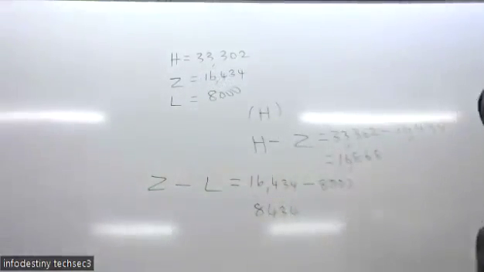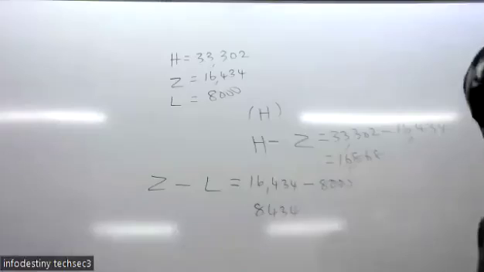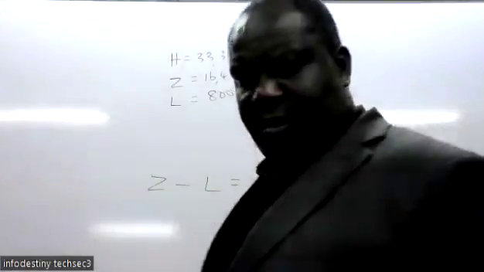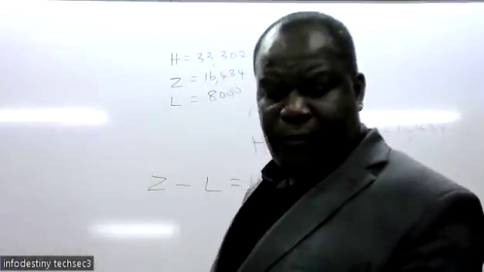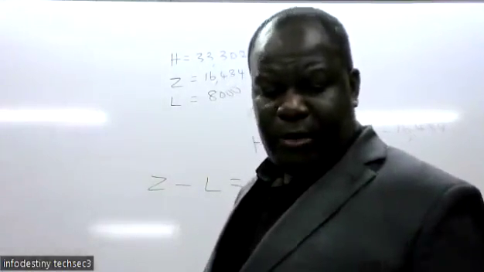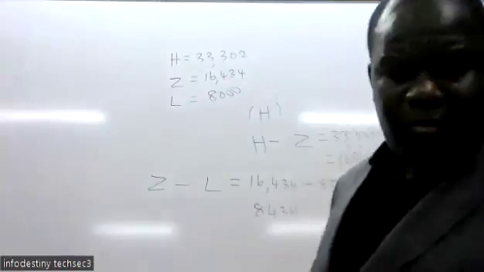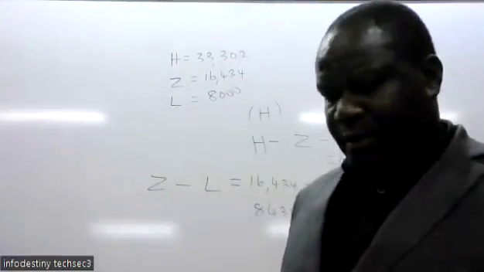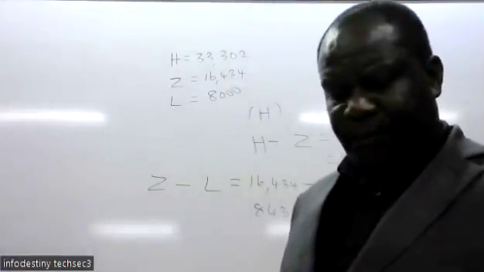So 8,434 from the short-term marketable securities into cash. Then finally, there is decision C.